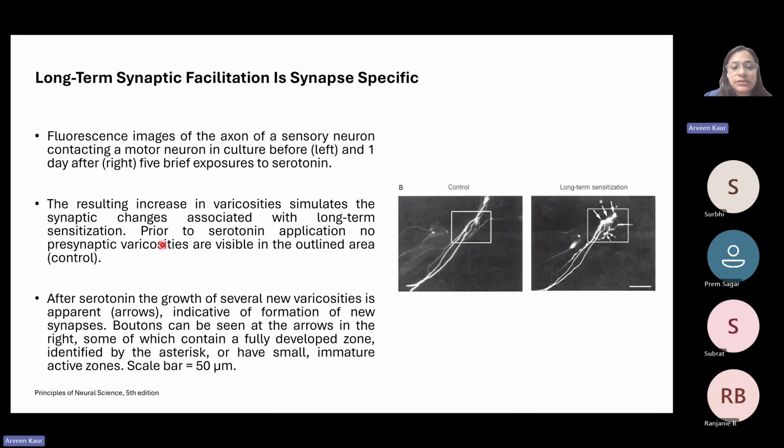Prior to serotonin application, no presynaptic varicosities are visible in the outlined area. After serotonin, the growth of several new varicosities is apparent, indicative of formation of new synapses. Boutons can be seen as the arrows on the right. These are the swollen nerve terminals or boutons.